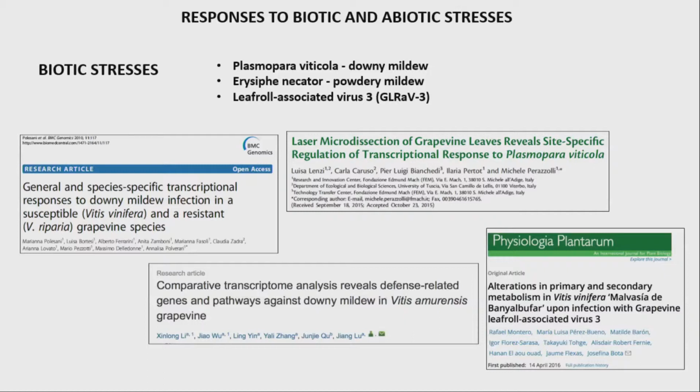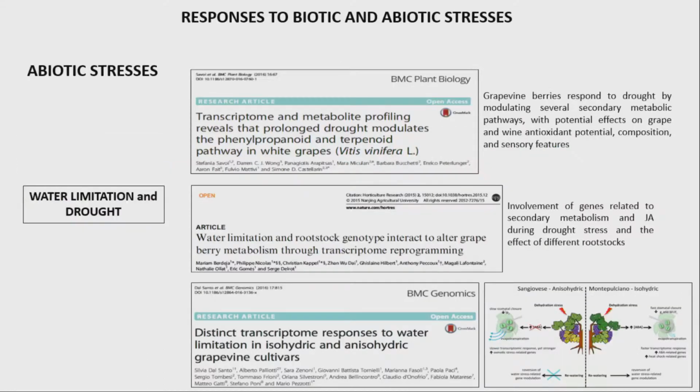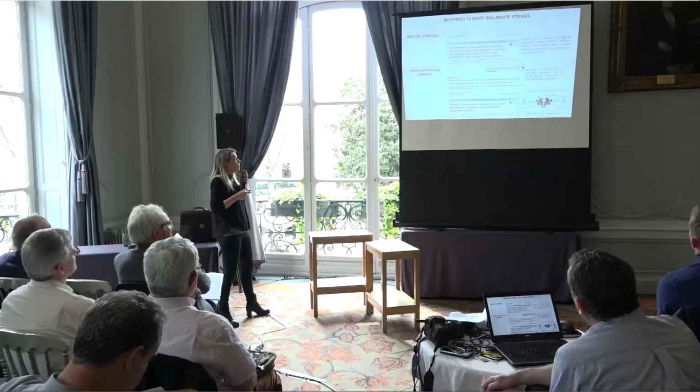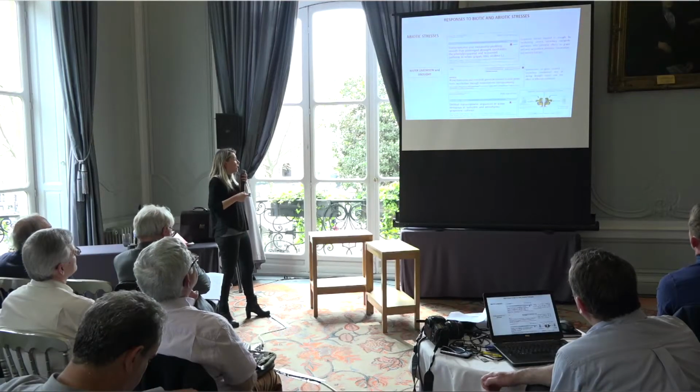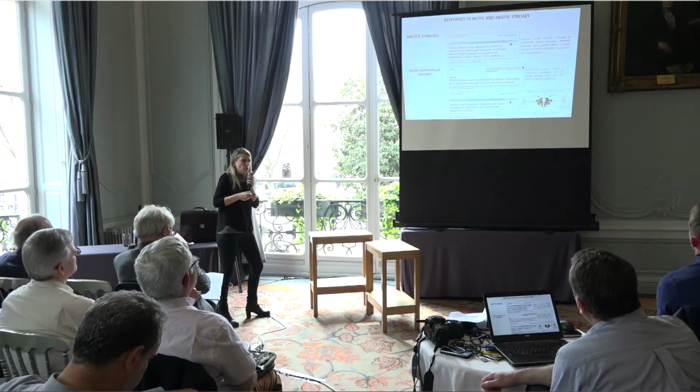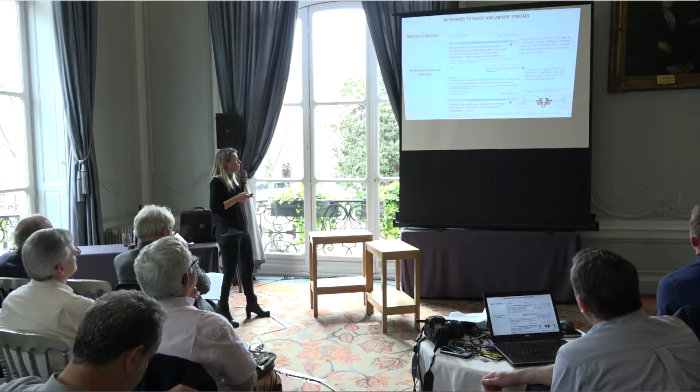I represent here the most important, but there are a lot of examples of these studies. And also there are a lot of studies performed by transcriptomic and metabolomic approaches that answer the question of how the plant can react to water limitation or drought. These are 3 of the most recent works, but there are so many.